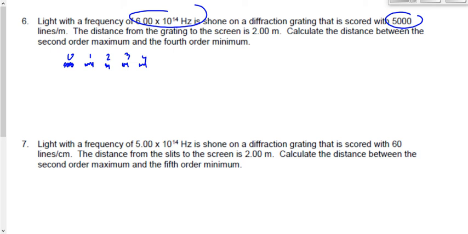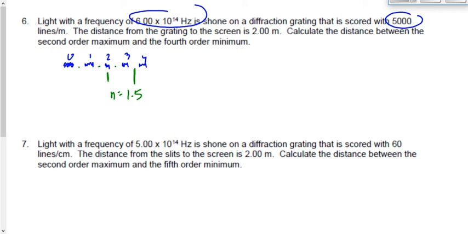We're looking for the distance between the second order maximum and the fourth order minimum. The value of n consistent with that is going to be 1.5. 3.5 minus 2. Once you recognize that difference, the rest of the question is exactly like question number 5. Try it again. If you have trouble with it, let me know and I'll go over it with you, but I want you to take another try at it yourself first.